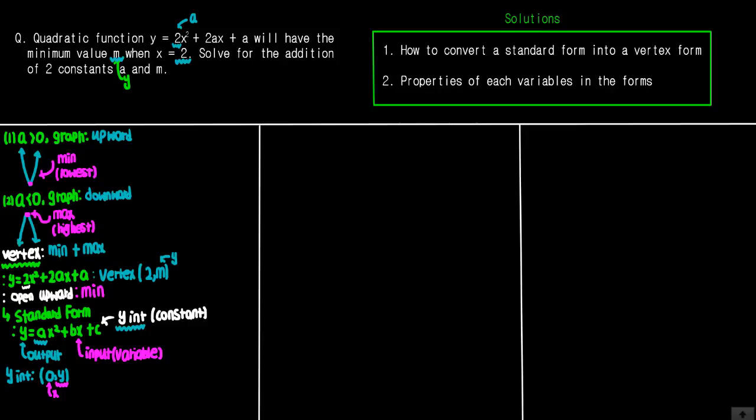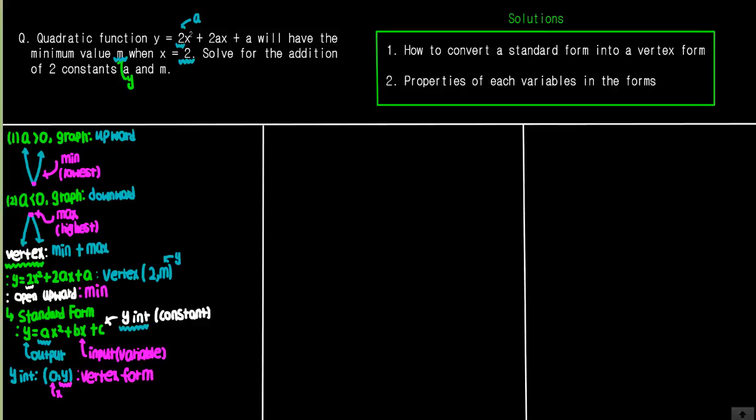But if you think about the format of our quadratic function that is most optimized when it comes to solving for a vertex, that is going to be the vertex form. Now let's think about the basic format of our vertex form, which is optimized when it comes to solving for the vertex of our function.